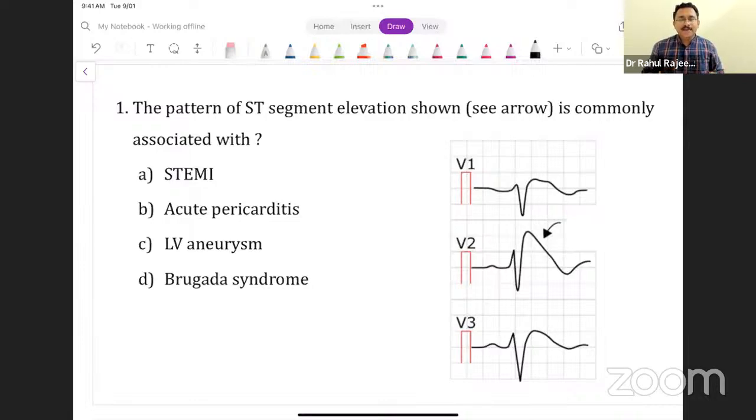We had 10 MCQs, image-based questions on ECG, and I had put these ECG questions mostly from the previous year NEET PG and INI-CT papers. I'm pretty sure you would have noticed the pattern of questions that I've put for this paper.